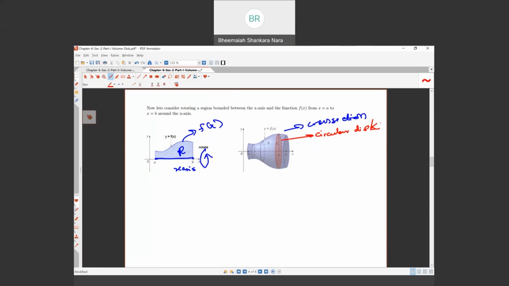So let's name the radius of this disc here, which is represented as y on the geometrical figure, r equal to y. But we know y is f of x, so I will name r equal to f of x for now.